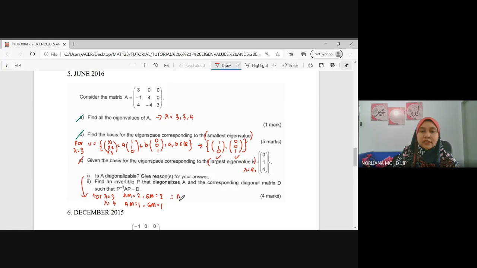Therefore, A is diagonalizable, since this is its reason. Give reason for your answer.